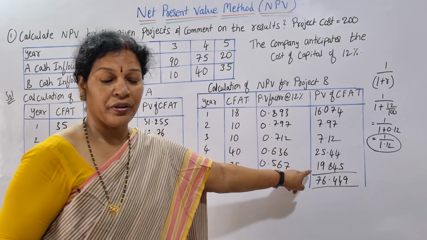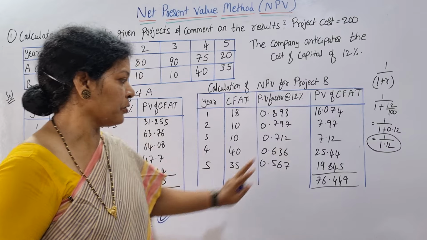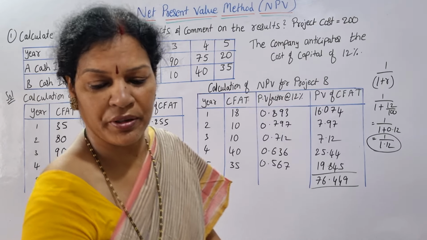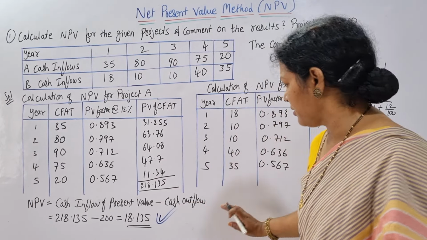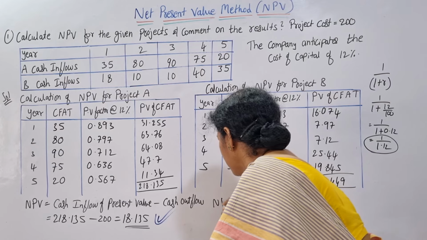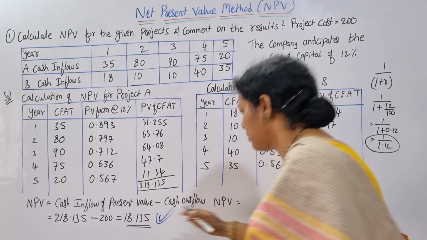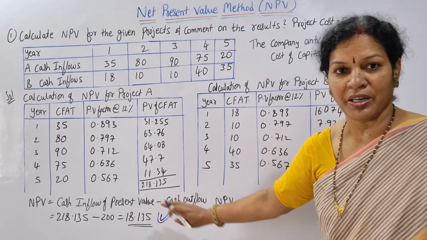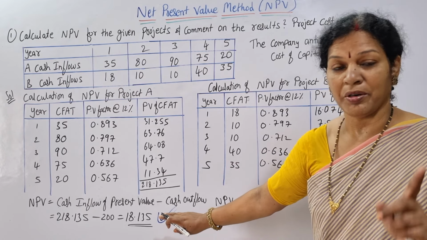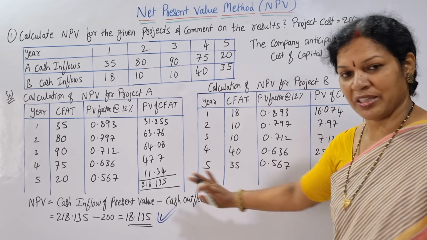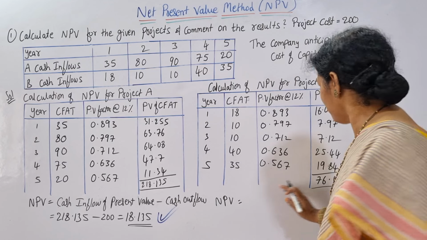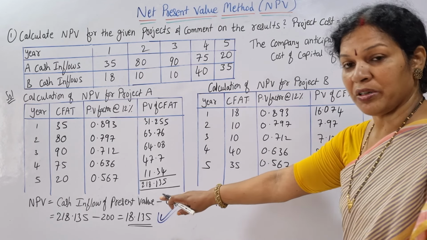PV factor of cash inflow after tax, this you got it. Now next, NPV. Same formula you have to write. NPV is equal to, I need not write the formula, already I have written, but in exam or in your notes you have to write the formula once again. Then as per the formula, what is needed?